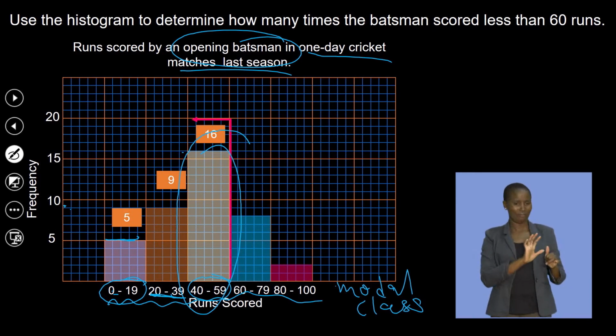If we add all this, I think we get 30. Are we together? This would be the number of scores smaller than 60, which is actually 30.